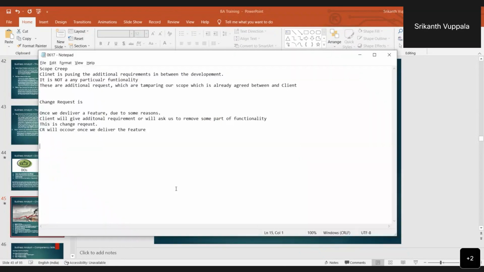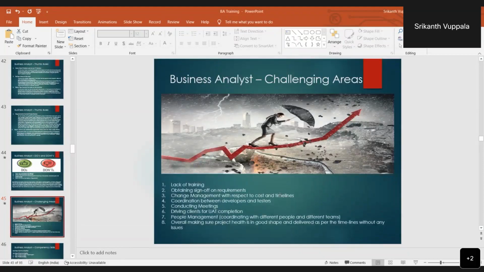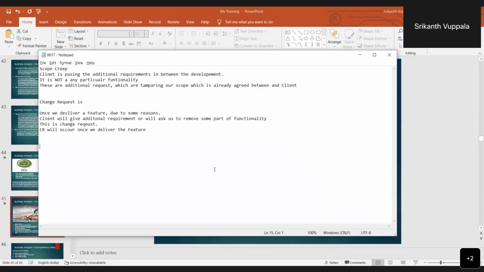So handling change requests with the timelines is a big challenge for the business analyst. Why? Because in the Scrum methodology or in Agile, a sprint will be assigned with user stories based on the team capacity.